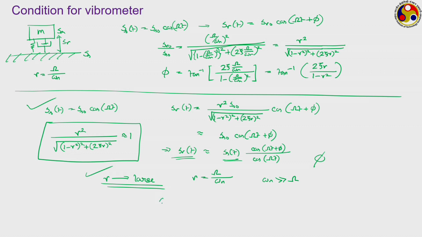Now, what is the relation for omega n? We know omega n is equal to root over k by m, where k is the spring constant and m is the mass. We want omega n to be very large, that is, we want a very high natural frequency of the system.